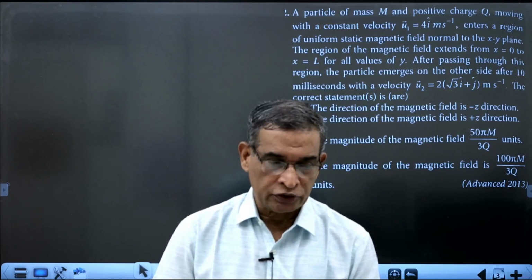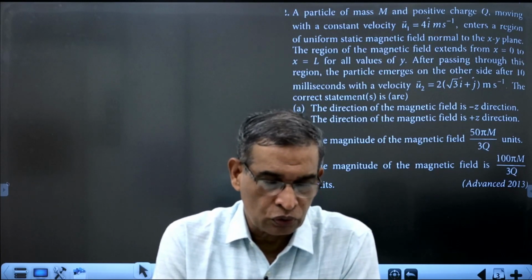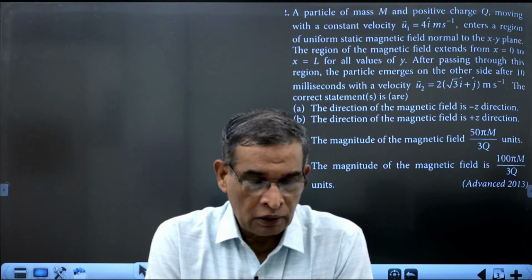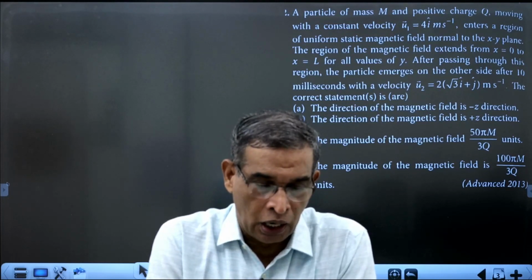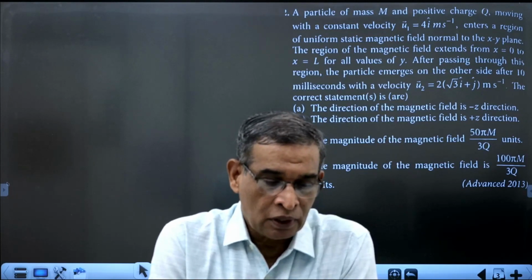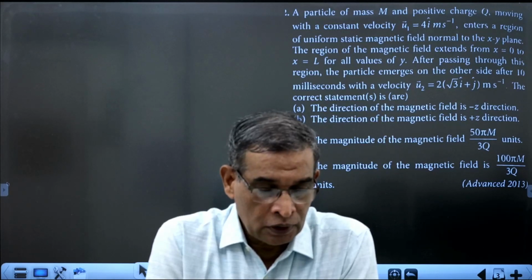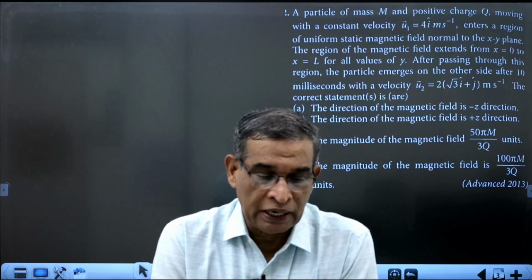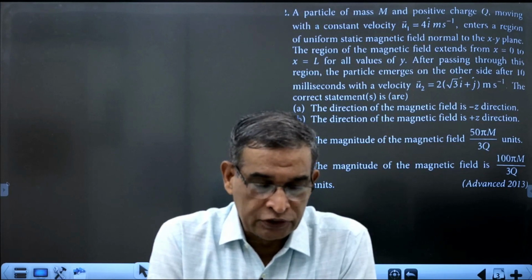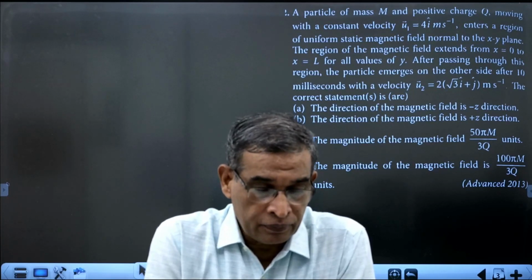Here the problem is: a particle of mass m and a positive charge q is moving with a constant velocity u1 = 4i meter per second, and there is a region of uniform static magnetic field normal to the XY plane. The region of the magnetic field extends from x = 0 to x = L for all values of y.